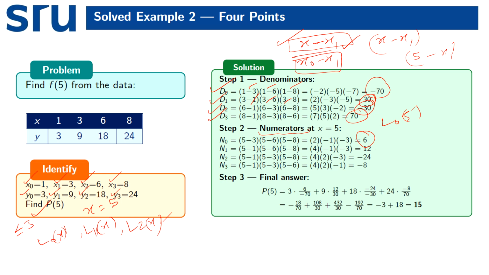In the same way you calculated n1, n2 and n3, corresponding to L1(5), L2(5) and L3(5). So the final answer keeps numerators separately and denominators separately.